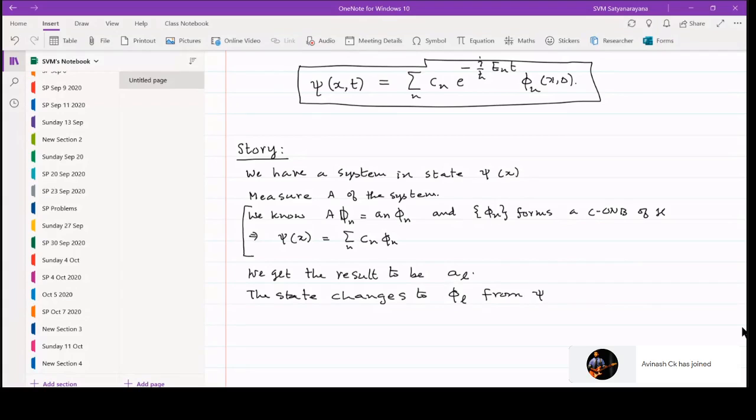Now you can measure some other property B of the system.